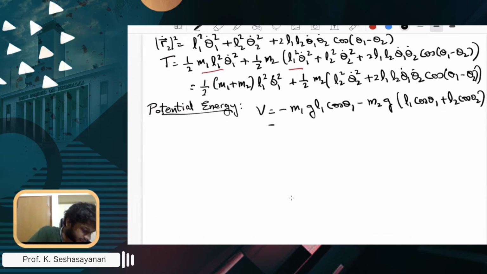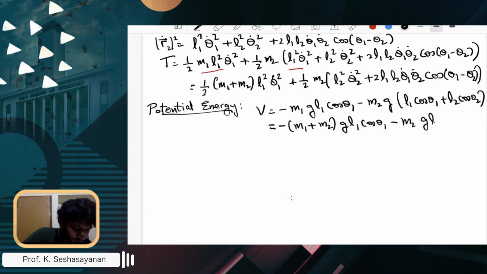And again, we can write this as minus m1 plus m2 times g l1 cos theta 1 minus m2 g l2 cos theta 2. So this is the expression for the potential energy.